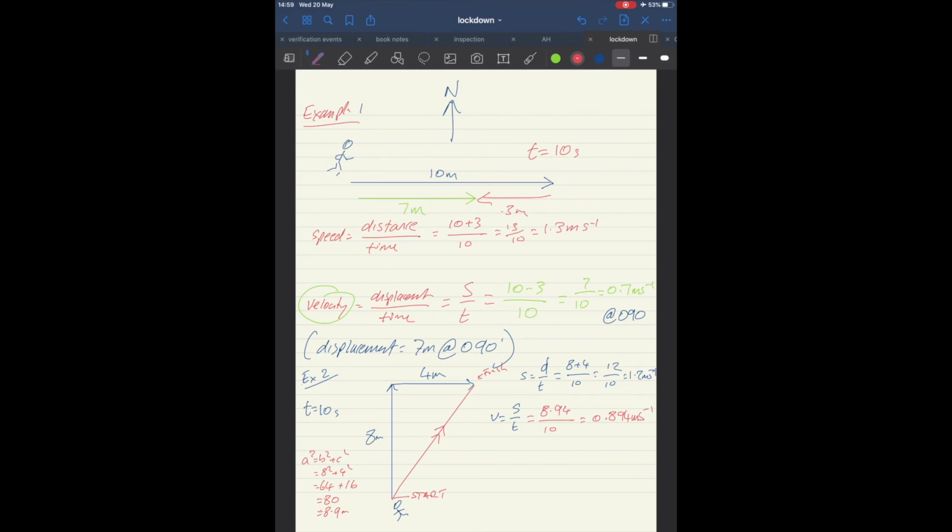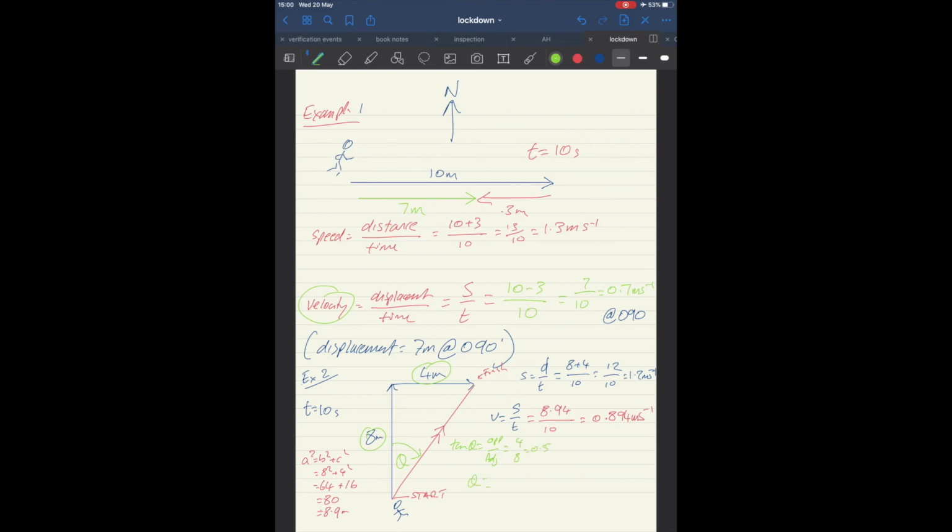However, remember, I've got to put in a direction. For those of you who remember, north is 0, and the direction is always measured from the north line around to the tail of the resultant. So it's that angle here, and I'm going to use theta for angles now, because that's what we do at Higher. So tan theta equals opposite over adjacent, and the opposite is 4. 4 over 8 is 0.5.